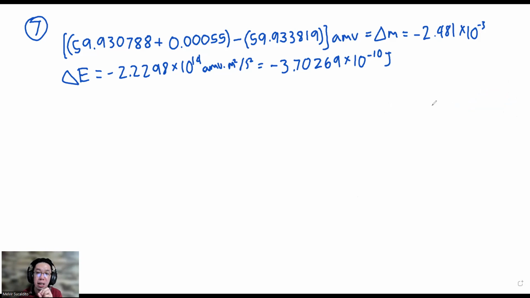For beta decay, because some of your masses were actually converted into energy, and that is the amount of energy released, specifically for cobalt 60 na naging nickel 60. So along with your beta particle and electron antineutrino na marirelease, you'll also release approximately 3.703 times 10 to the negative 10 joules energy.